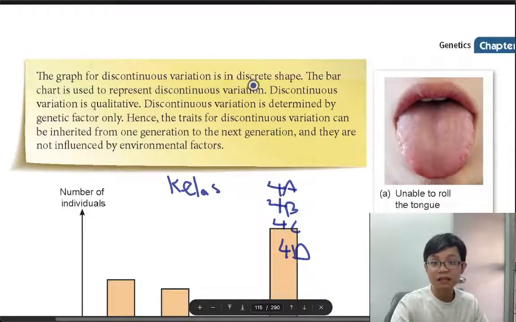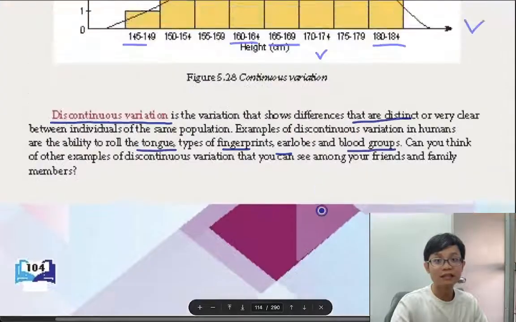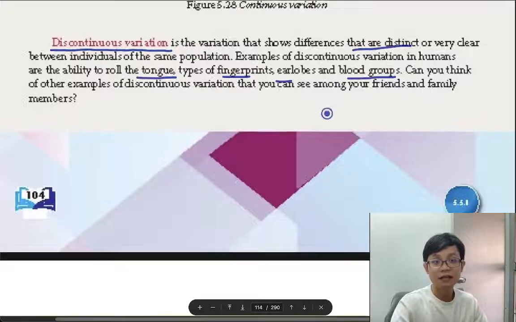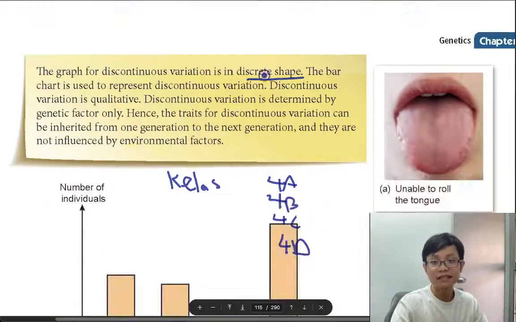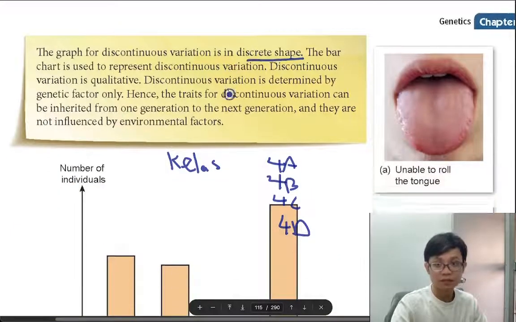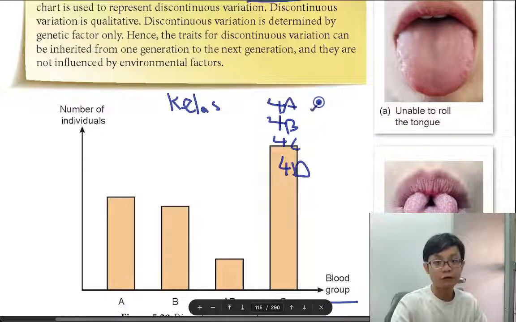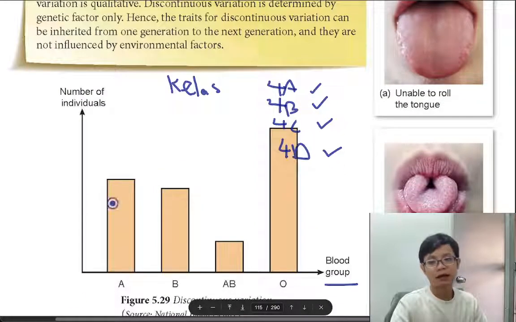Discontinuous variation has a discrete shape. It represents data that is qualitative, so it is very distinct and very clear between individuals. If I compare class 4A, 4B, 4C, 4D, they are not the same.